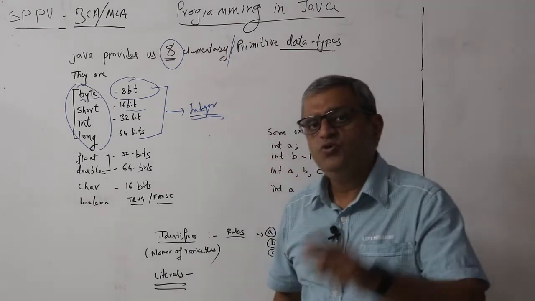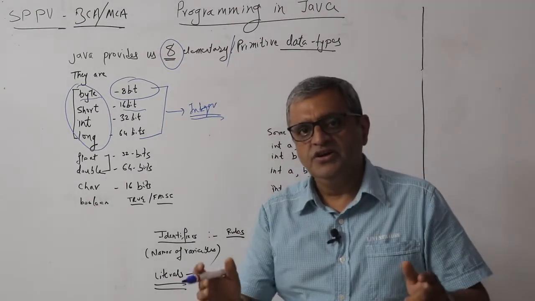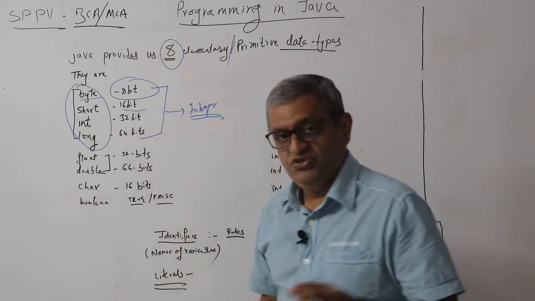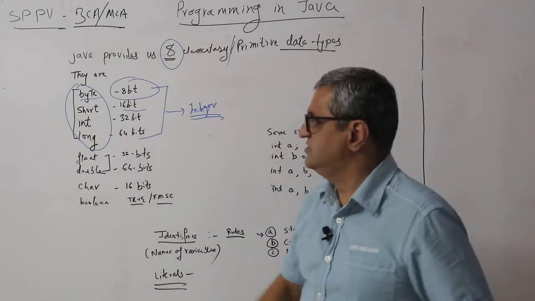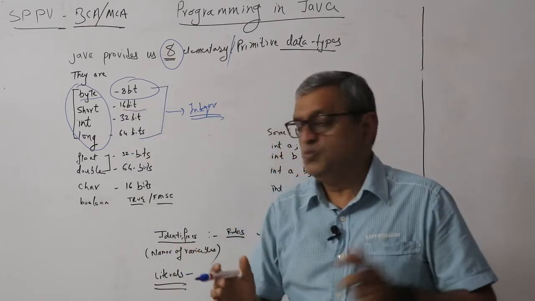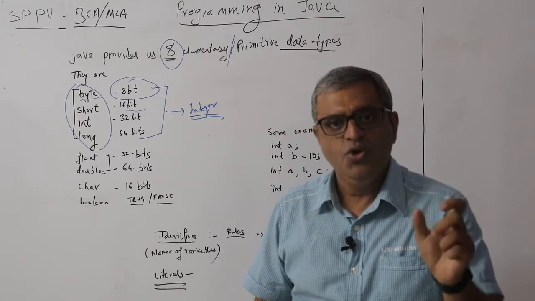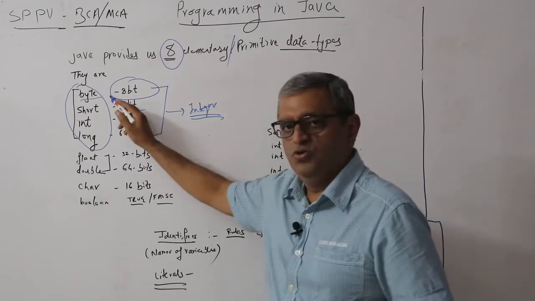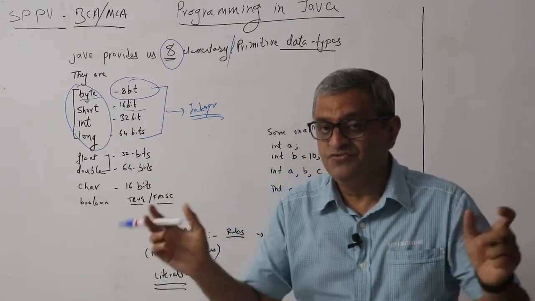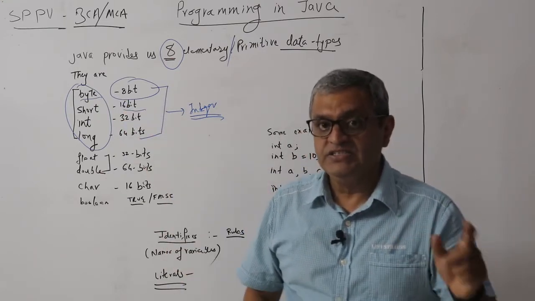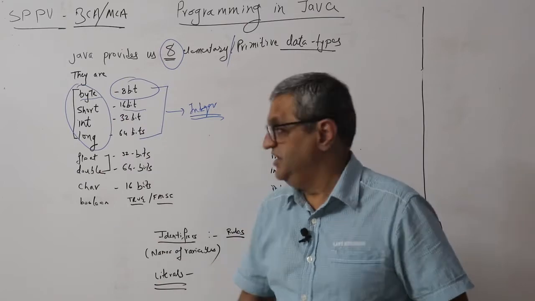They don't store fractions or decimal points. So we actually have 4 variants for integer. Based on the size of the number you are using, you can decide whether you should declare it as a byte, short, int or long.